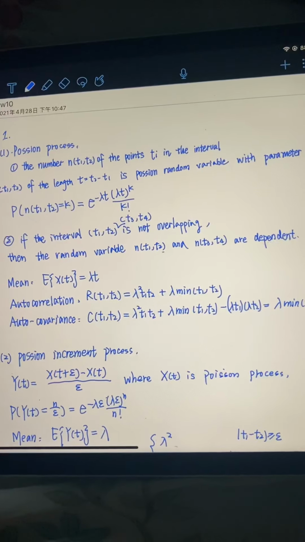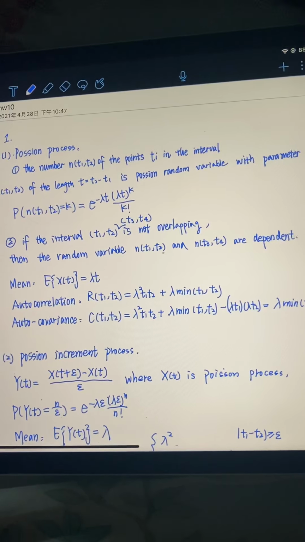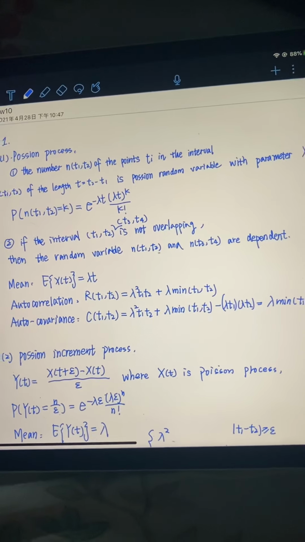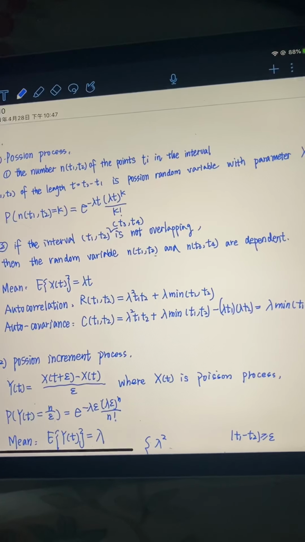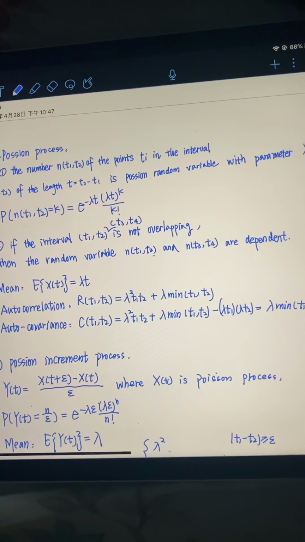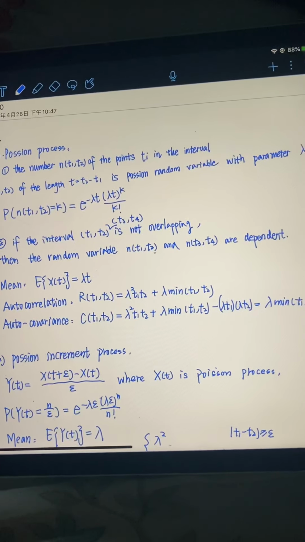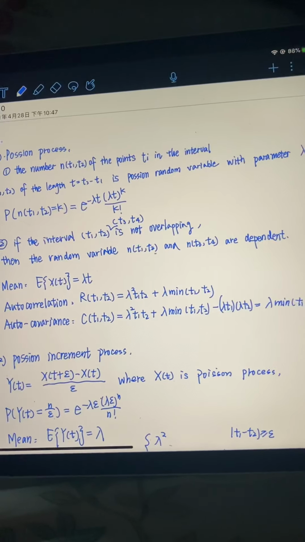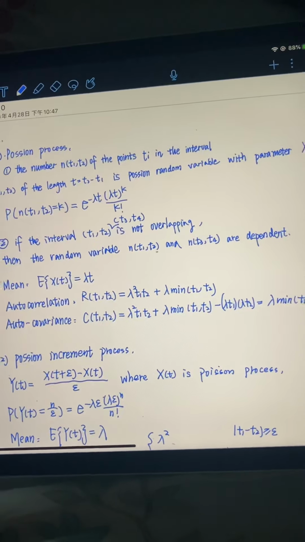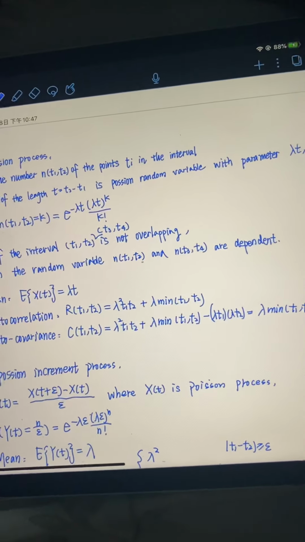So P(Y(t) = n divided by epsilon) is equal to e to the negative lambda epsilon times (lambda epsilon)^n divided by n factorial. And the mean of it is equal to lambda.